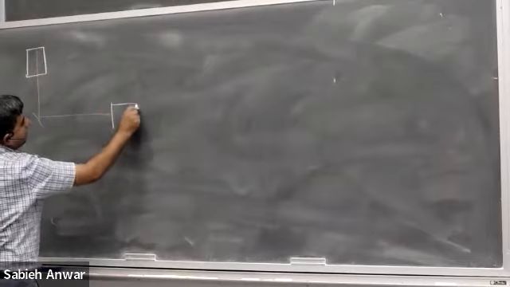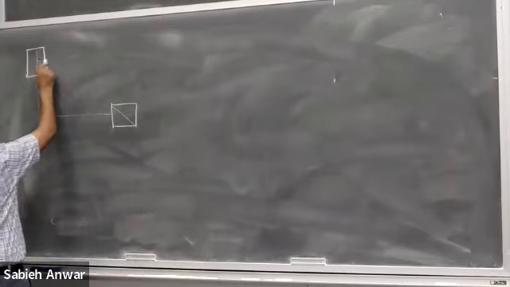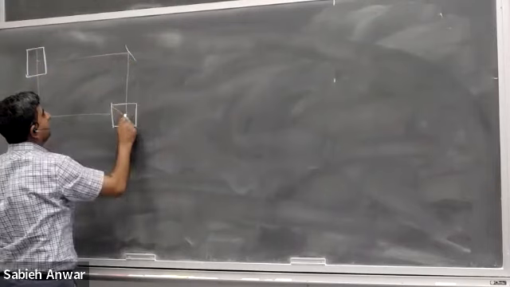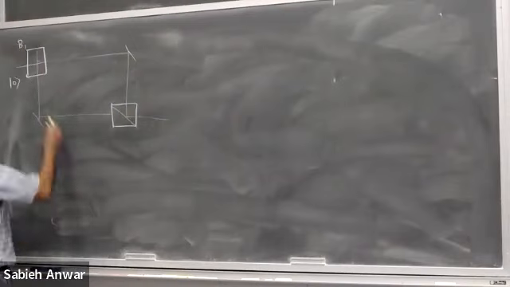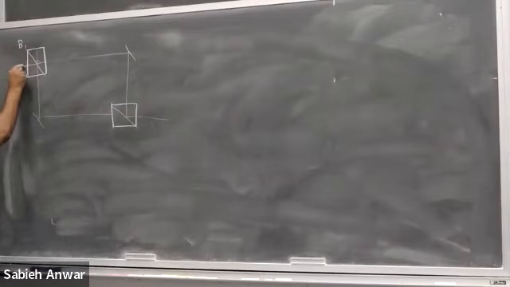So let me redraw that particular diagram. Beam splitter 1. A photon comes in here. What this beam splitter does, it produces a superposition.